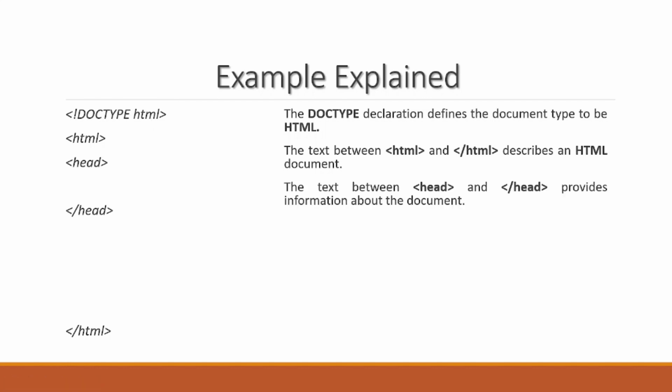Now we have the head section. The text between the opening head tag and the closing head tag provides information about the document. I usually like to refer to an HTML document like a regular letter, a letter you send to people or you receive, whereby a letter has a heading and a body.